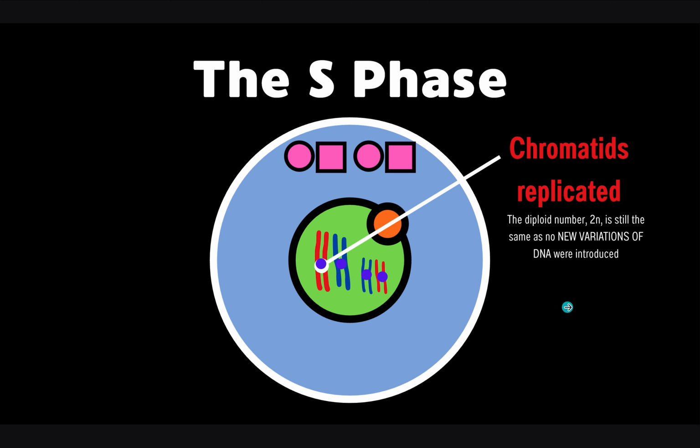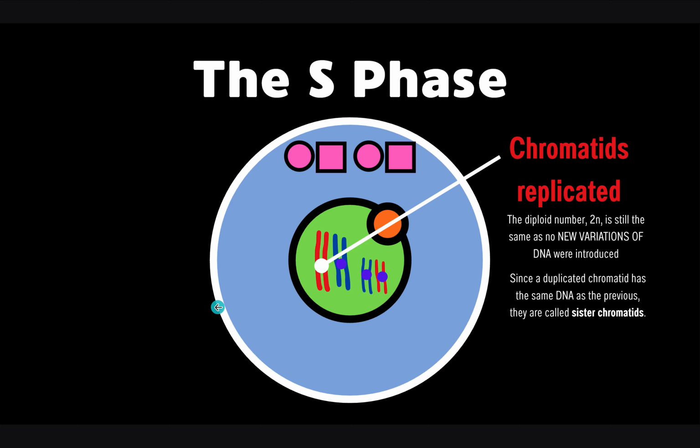The diploid number is still 2n because, as we said before, that only represents unique chromatids. This red big one and its copy are not different from each other. They still have the same DNA. And same for all of these. They each have the same DNA as what they were originally. So the diploid number is still going to remain the same.